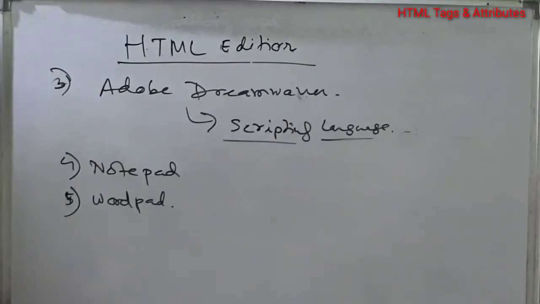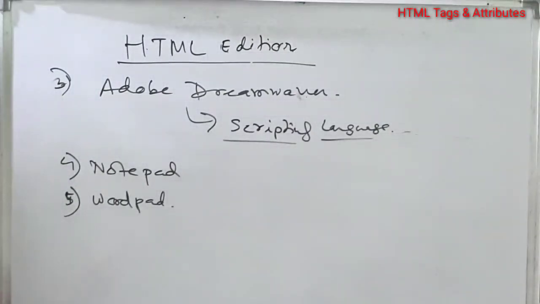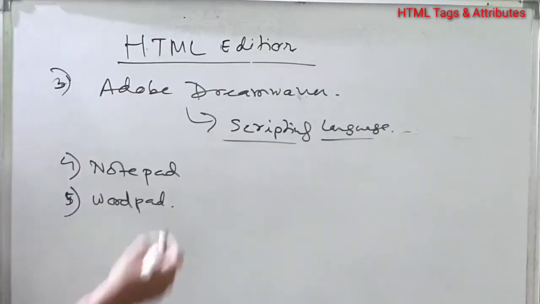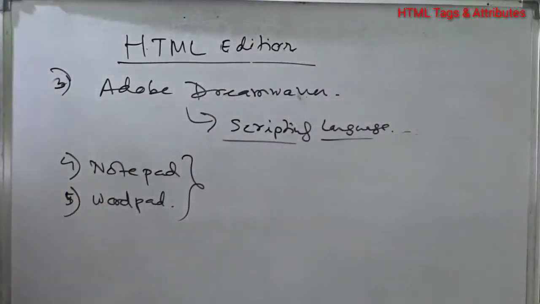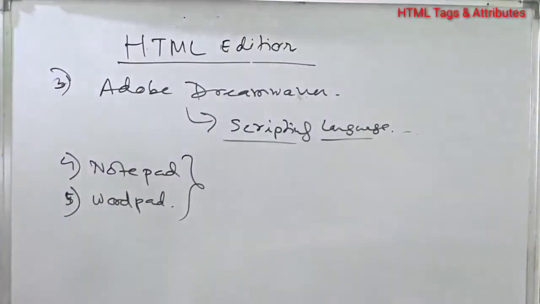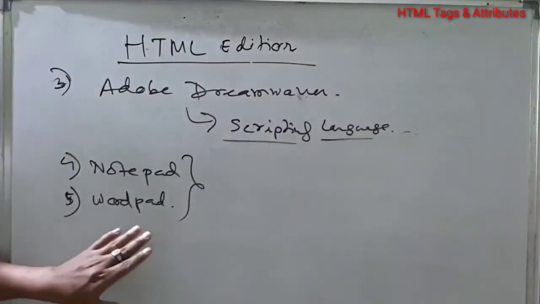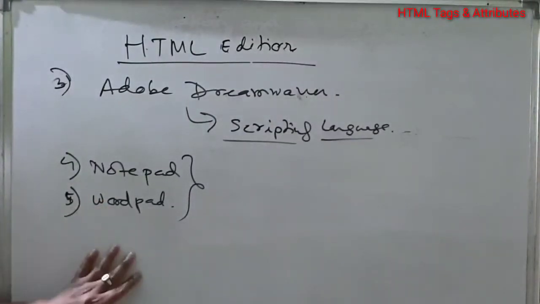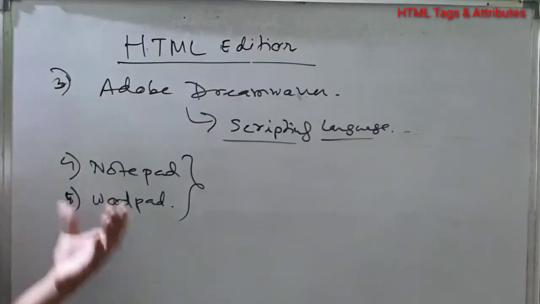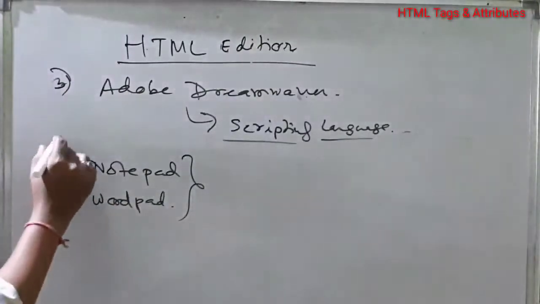This means that when you install Windows 7, Windows XP, or Windows 10, these two, Notepad and WordPad, are also installed. This is one of the most popular and very old HTML editing software. WordPad and Notepad. I like this Notepad.